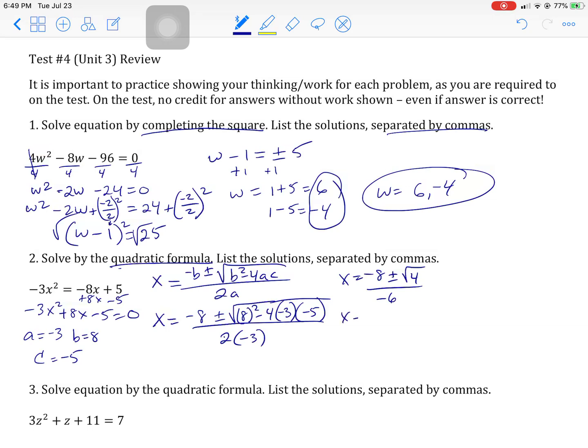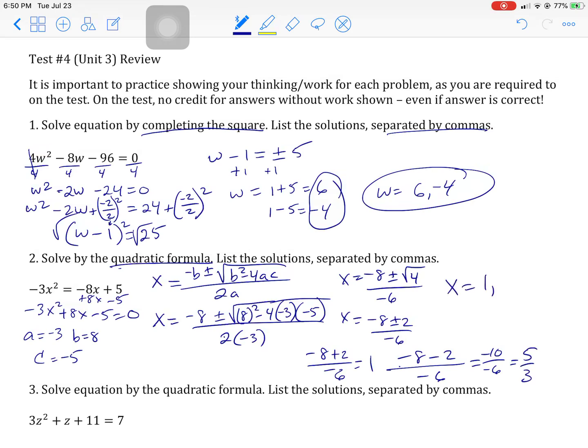Negative 6, so x equals negative 8 plus or minus 2 over negative 6. So negative 8 plus 2 over negative 6 is negative 6 over negative 6 is 1. And then negative 8 minus 2 is negative 10 over negative 6 is 5 over 3. So x equals 1, 5 over 3.